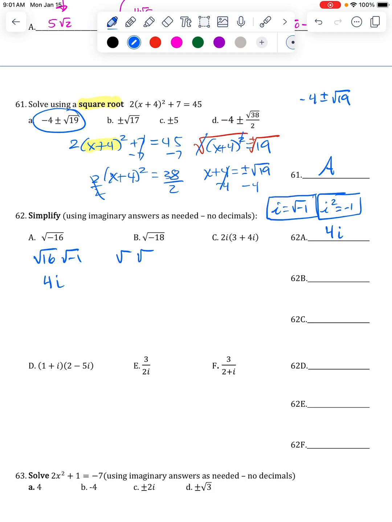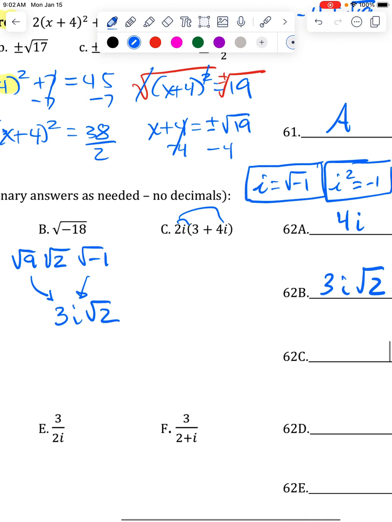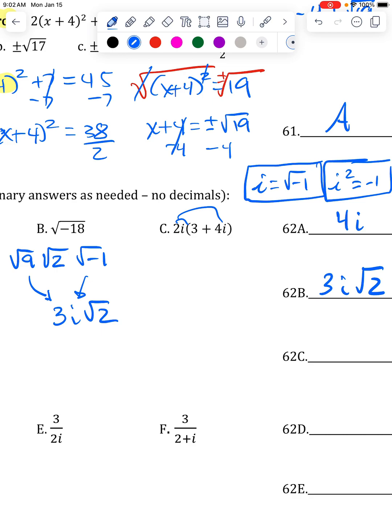Here I'm going to split it up like I did before and say, hey, 9 goes into 18 and is a perfect square, times 2 times negative 1. So this comes out as a 3, this comes out as an i, and the square root of 2 is the only thing left in there. Here I'm going to distribute because when you see that, you know that's what you're going to do.